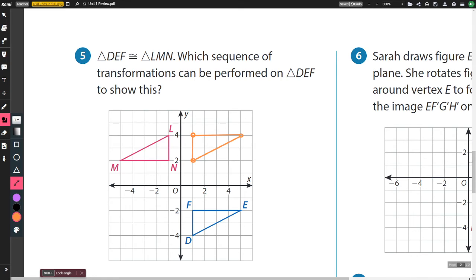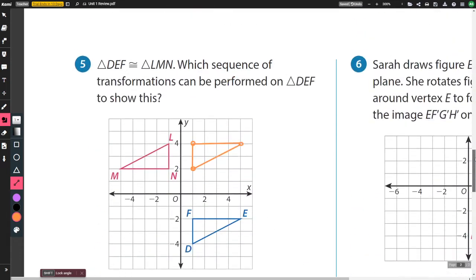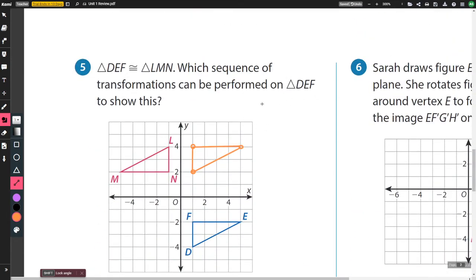Because I'm going to rotate it 90 degrees counterclockwise, that means I'm going to go the opposite way of a clock. So again, the way I rotate around the origin is instead of 1 and 2, it would be 2 and 1. Instead of 1 and 4, it'd be 4 and 1.